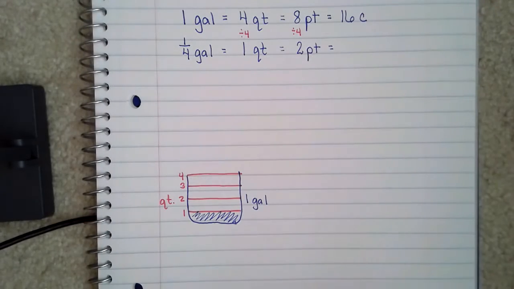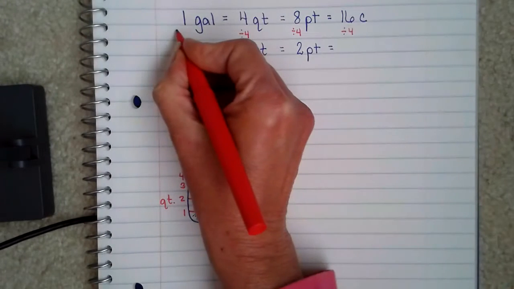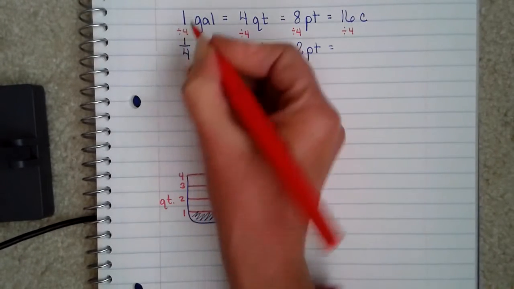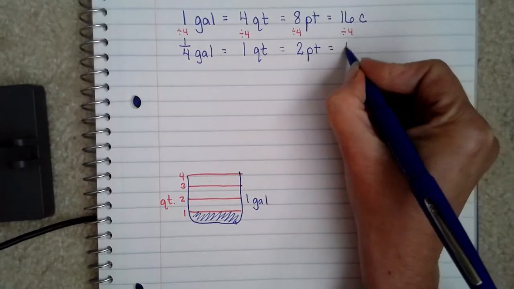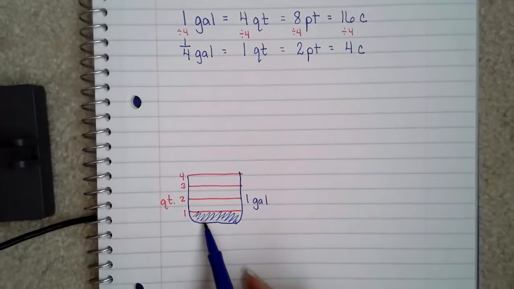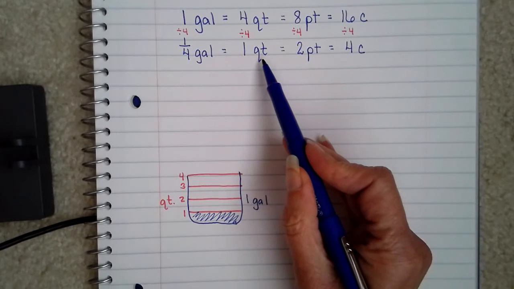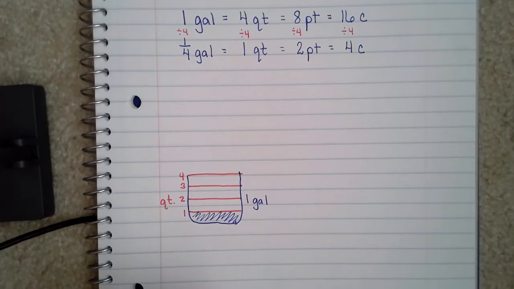Again, we want to always divide by 4. Even here we divided by 4. 1 divided by 4 is 1/4. 16 divided by 4 is 4 cups. So 1/4 of a gallon, this picture down here, equals 1 quart, which equals 2 pints, which equals 4 cups.